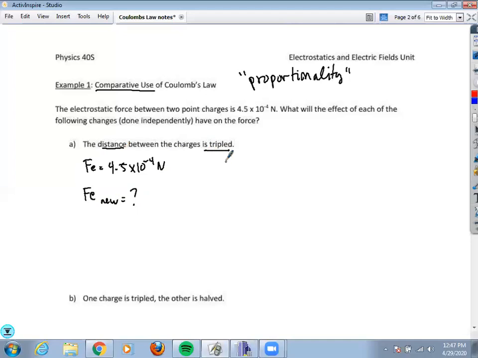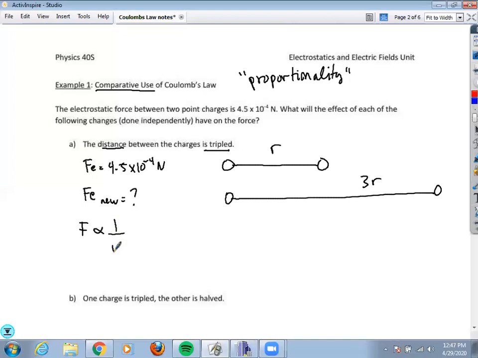So the distance between Q1 and Q2 goes from R to 3R. Well, we know that F is proportional to 1 over R squared. So that means F is proportional to 1 over 3 squared, which means F is proportional now to 1 over 9R.